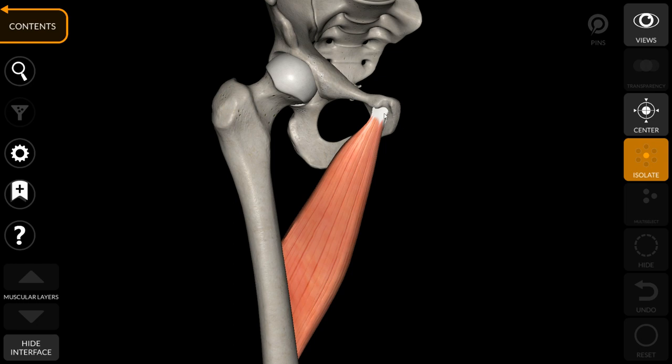So adductor longus also originates from the superior ramus of pubis, but close to the body of the pubis. For the pectineus, the origin is confirmed as the superior ramus of pubis, but for adductor longus, the origin is the superior ramus of pubis close to the body of the pubis. So which area does this muscle insert into?